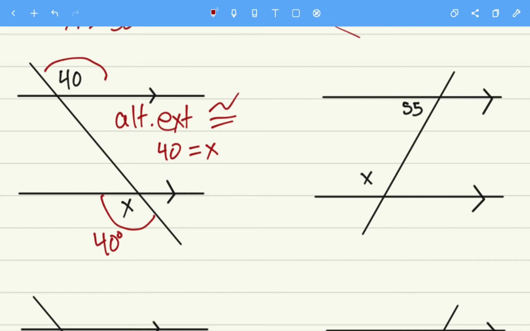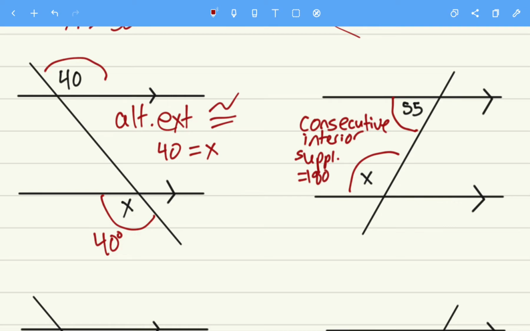Let's look at the next one. We have this angle 55 and this angle of x. These look like consecutive interior, which are supplementary, which means they equal 180.